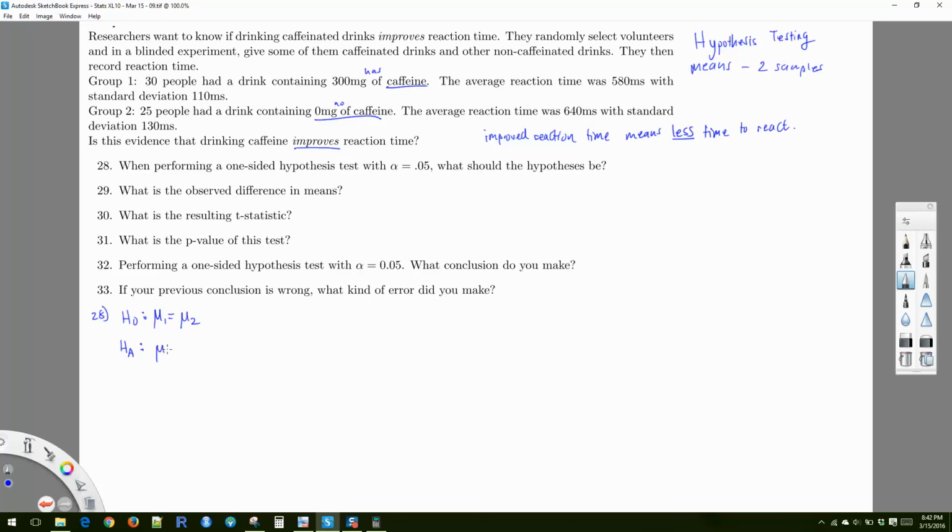Do we expect mu1 to be greater or less than mu2? Less. We expect the caffeine group to have a smaller reaction time than the no caffeine group. So you can't just say, oh, improves, more is better. You have to pause and think for a second.